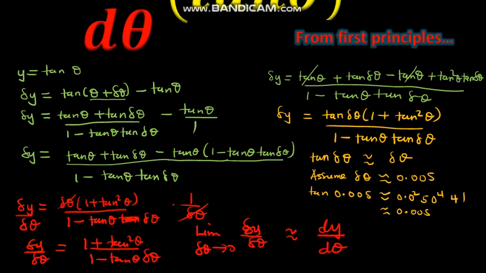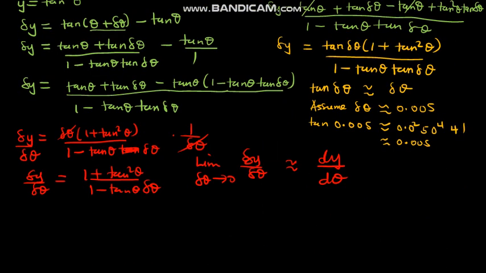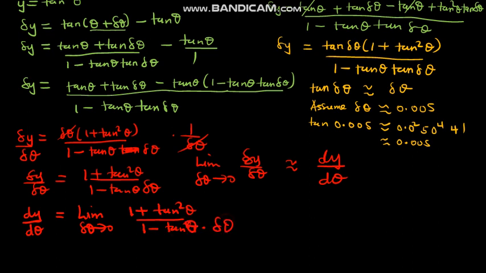So dy d theta is equal to the limit as the small change in theta tends to 0 of 1 plus tan squared theta over 1 minus tan theta times the small change in theta.